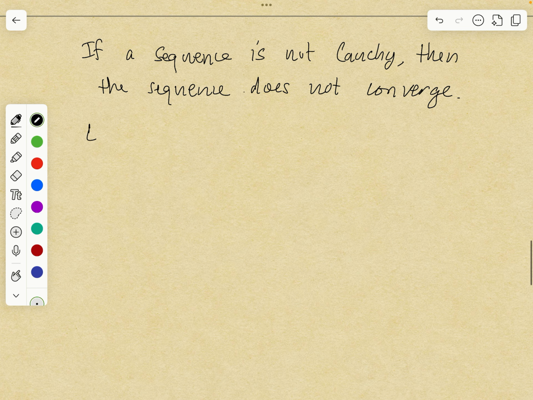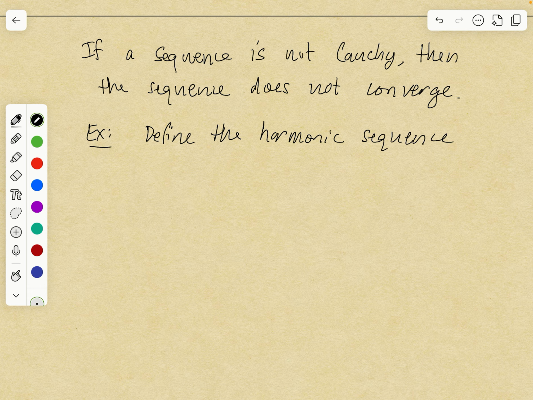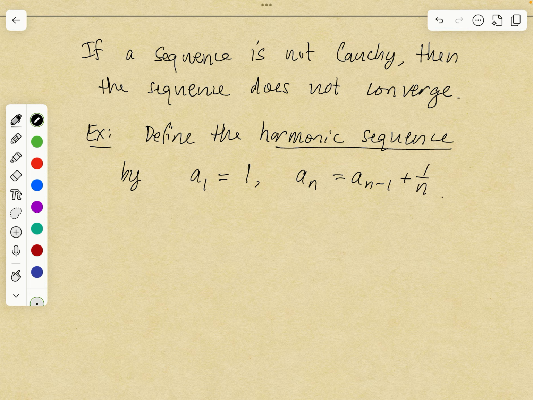So here's a famous example of a sequence that does not converge. We define the harmonic sequence to be the sequence defined by a sub 1 is 1, and a sub n is a sub n minus 1 plus 1 over n for all n greater than 1.